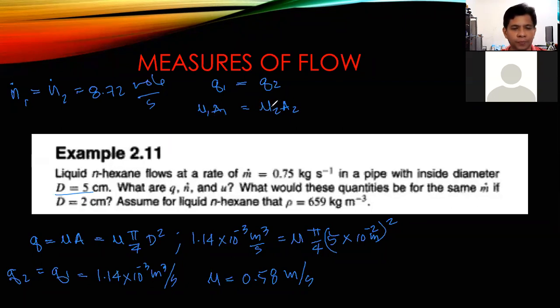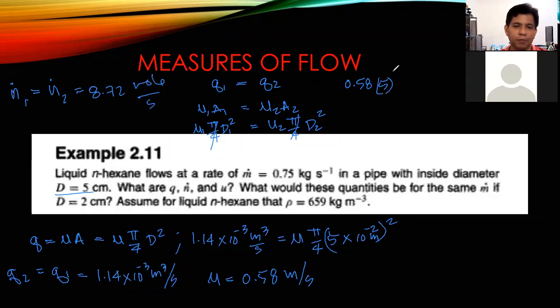This equation. Okay, so just simply substitute the given. Siyempre, alam nyo naman yung area, di ba? Pi over 4 lang yan, tapos times yung diameter. So, ganun din sa kabila. So, magka-cancel out lang yung pi over 4. So, let's try to substitute the U1. U1 is 0.58 meter per second. Tapos, ang diameter natin is 5 cm.